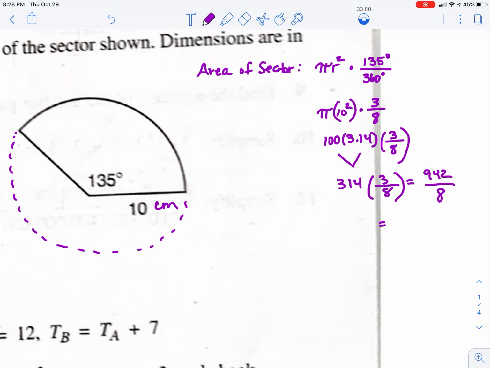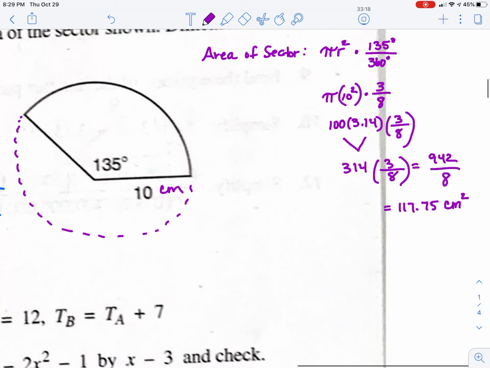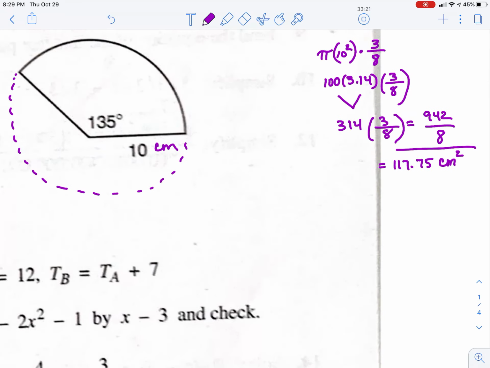And your final answer, when you put that in your calculator, 942 divided by 8 is 117.75 centimeters squared. And that is the answer to number 10.